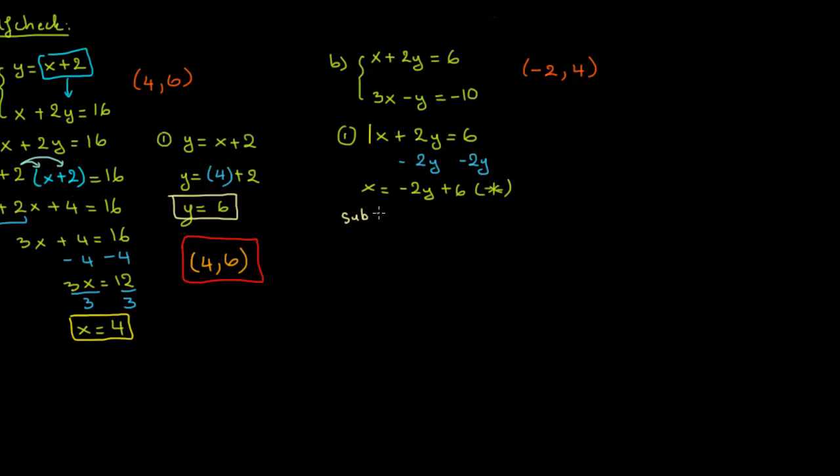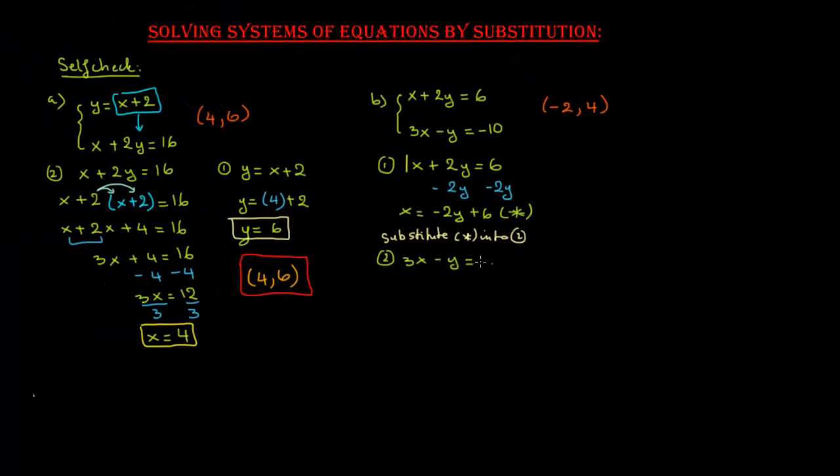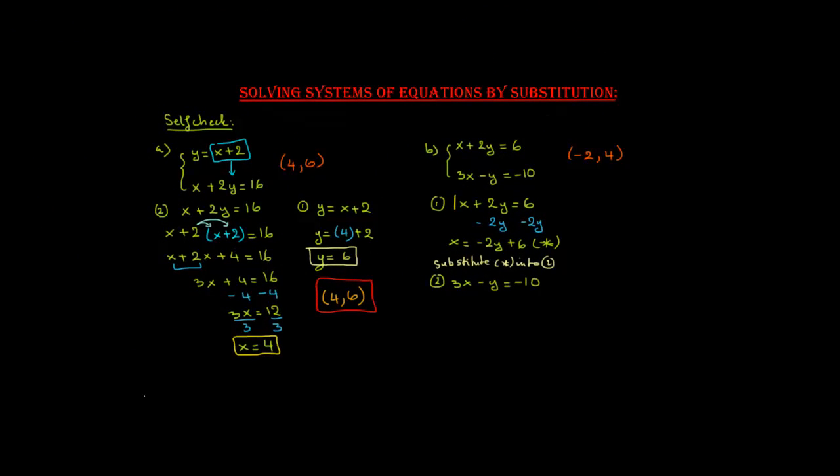Now what we do is substitute the star equation into the second equation this time, since we used the first equation. So we have the second equation, 3x minus y equals -10, and my x will be replaced by -2y plus 6, plugged into the x place.